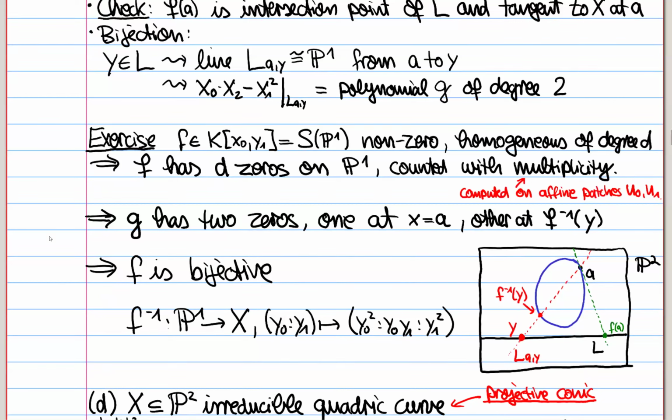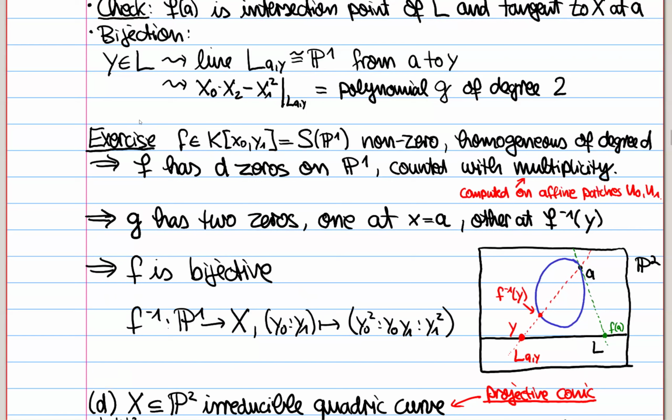Now this here was the geometric argument, saying that if you fix this point and this point, there's a unique other intersection point, which is then the inverse. But you can also make it easy for yourself. You can also just write down what the inverse map is. So if you see this line L as a P1, then the inverse map here is just given by this map (y0, y1) maps to this thing here, (y0 squared, y0 y1, y1 squared).